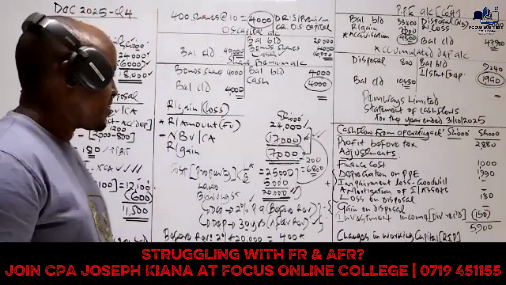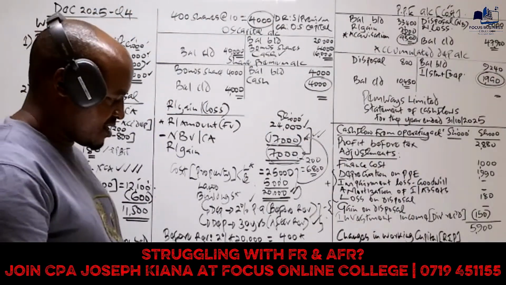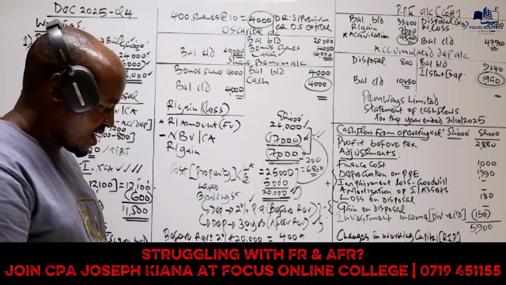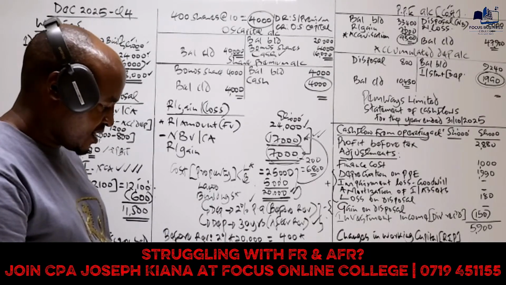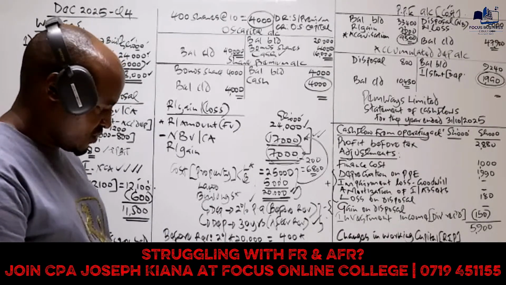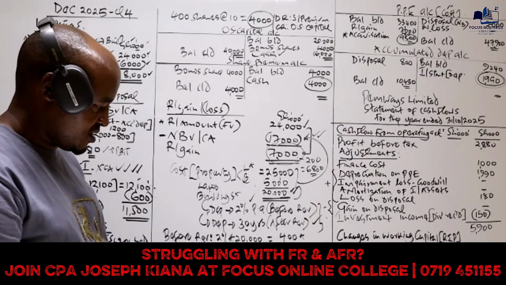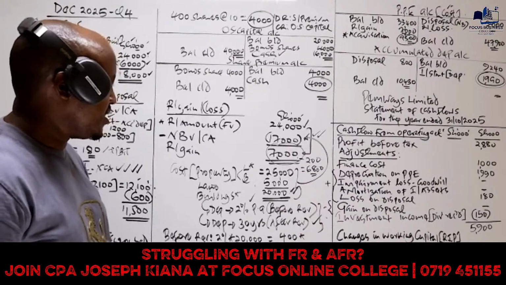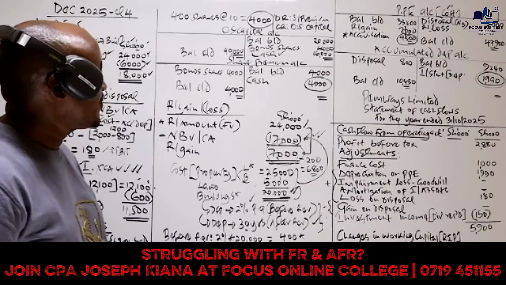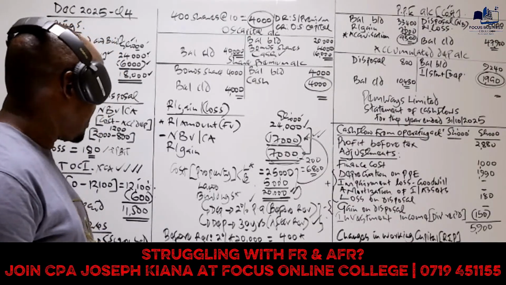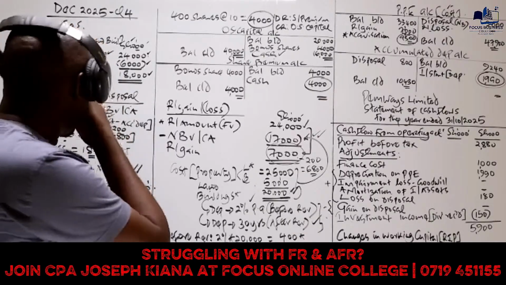So having that, we can get the net amount: 59 minus 910 minus 2700 plus 540. That will give us 2830.